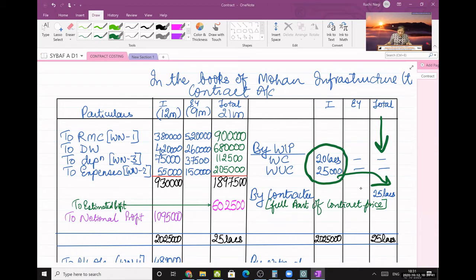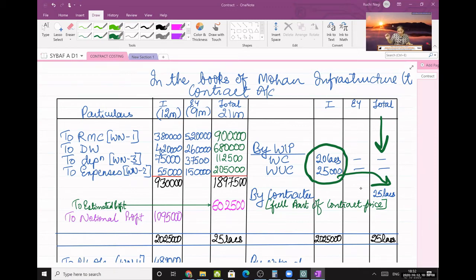This is the mistake which most of the students do. You don't have to repeat this mistake. You are not going to consider the first year's closing WIP in the estimated year as opening WIP, because we are preparing the total column and we are considering that we are going to receive the full amount of contract price.